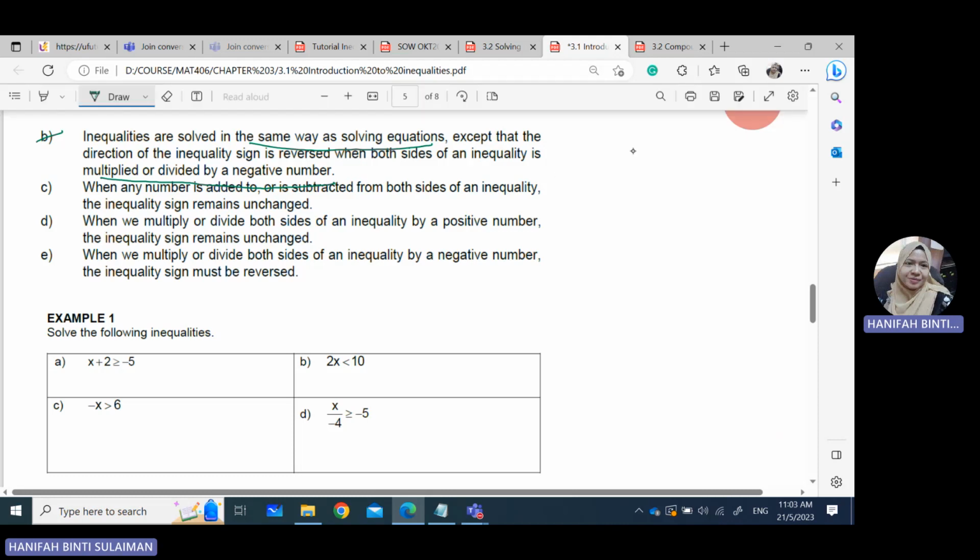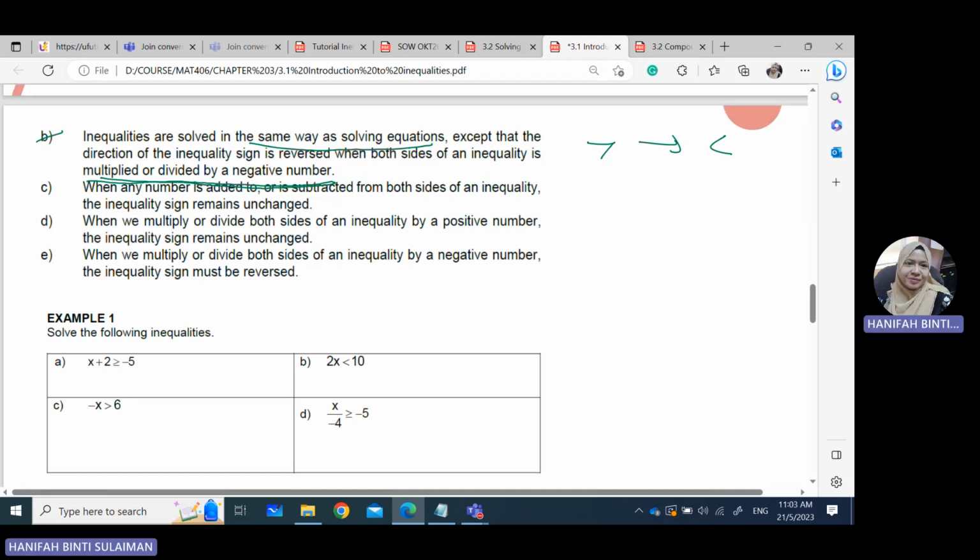Reverse maknanya daripada greater than, it can become less than. Benda ni berlaku apabila kita darabkan ataupun bahagikan dengan nombor negatif sahaja. So when we multiply or divide by a negative number, then the inequality sign will be reversed. It is changed from greater than to less than.